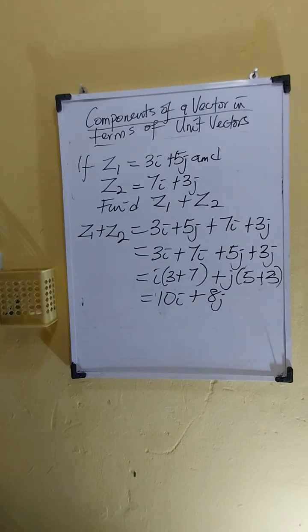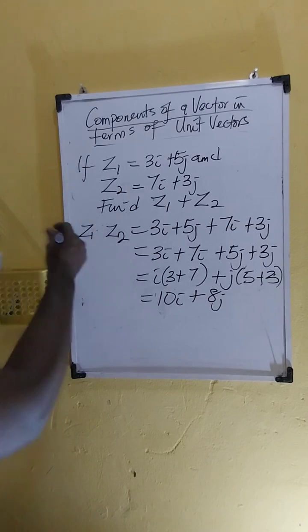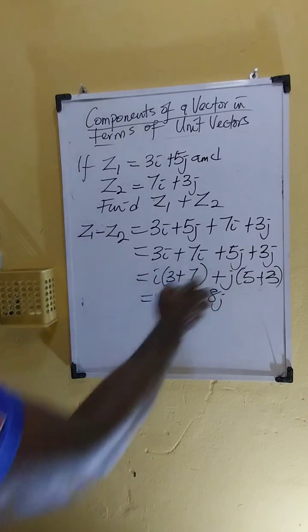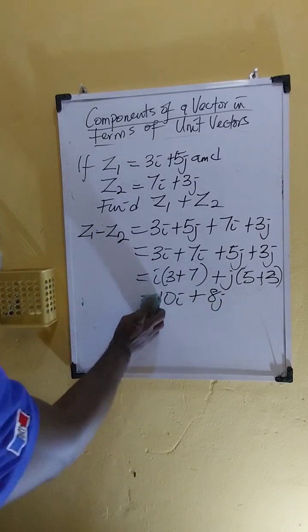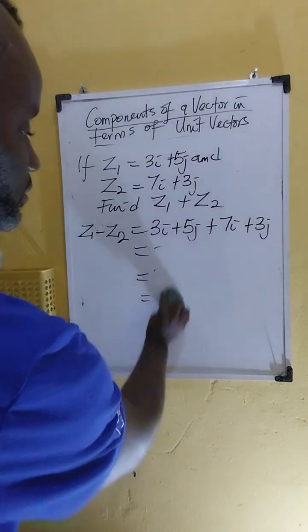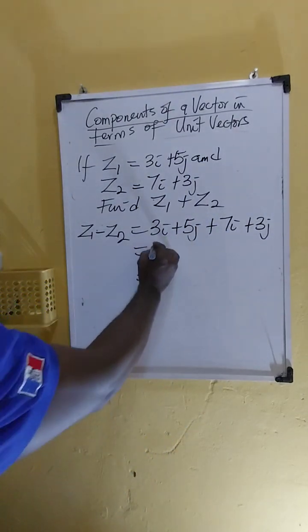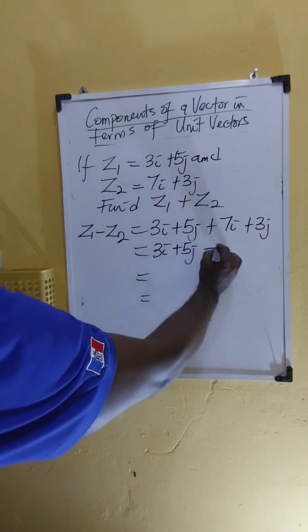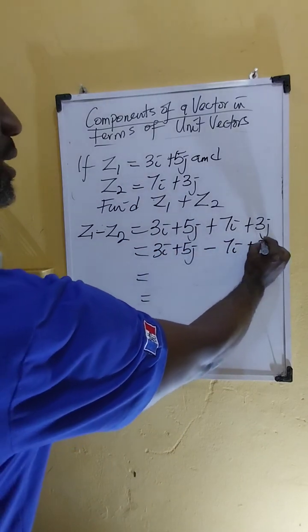So now the next question is, what is Z1 minus Z2? We have gotten the addition, so let us do the subtraction. So we have 3i plus 5j minus 7i plus 3j.